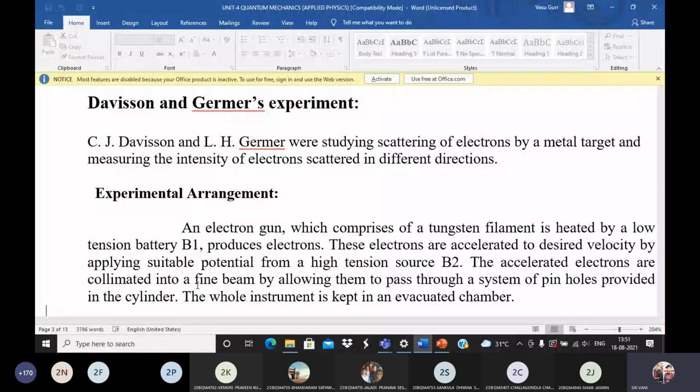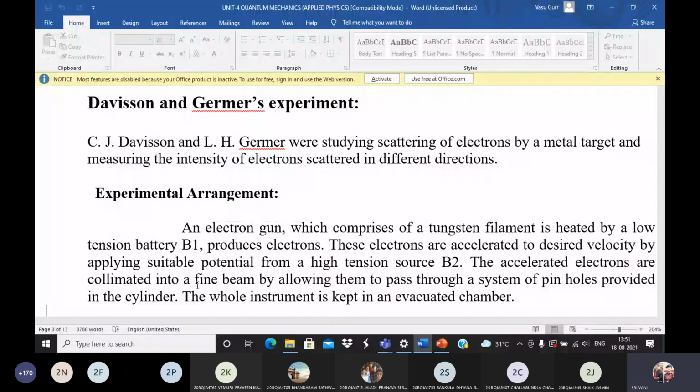Here they observed scattering in electrons. In the experiment, they used a metal as the target, and they measured the intensity of the electrons scattered in different directions.